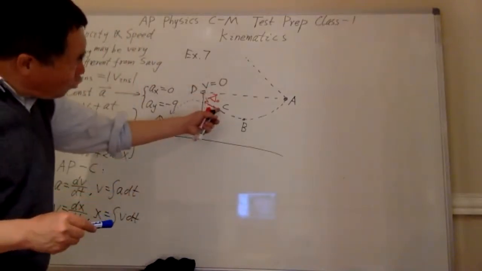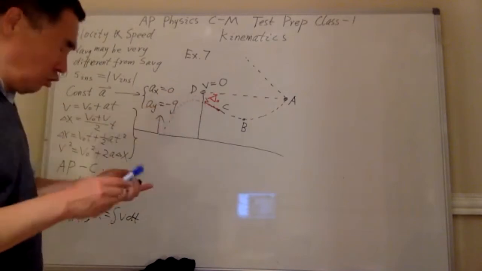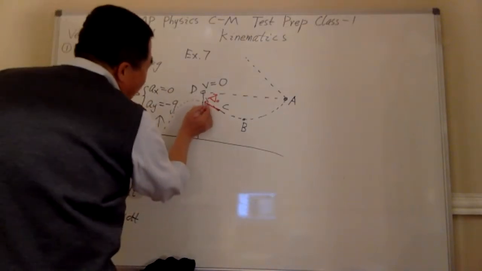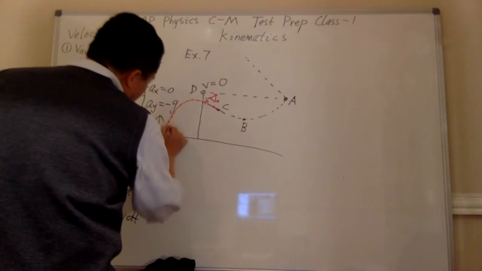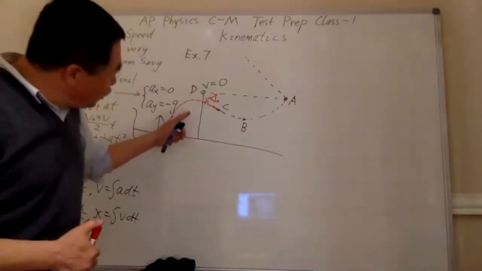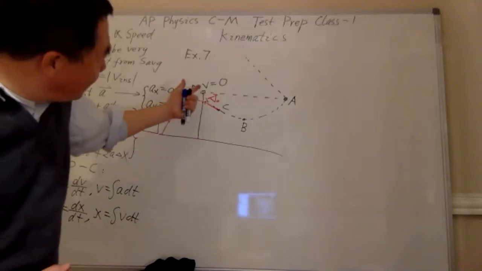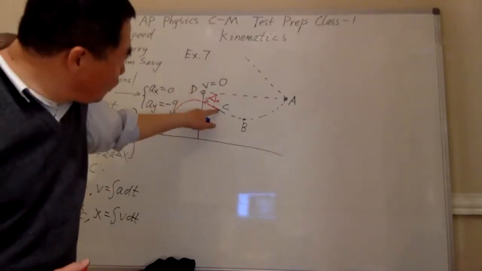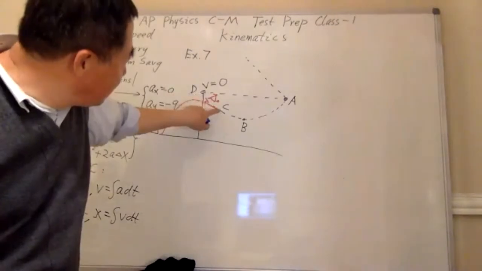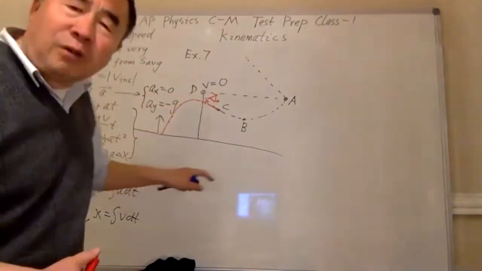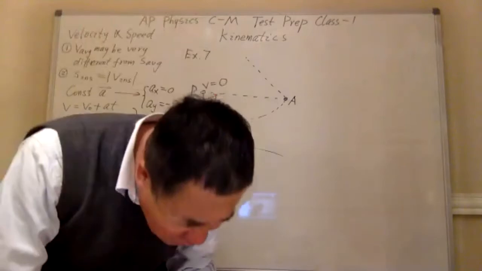Only when they release at C do they carry the initial velocity, and you will say the initial velocity at C gives projectile motion. So you need to join that diagram: at point D, a free fall straight line; at point C, they have initial velocity and make projectile motion. That is what you need to know.